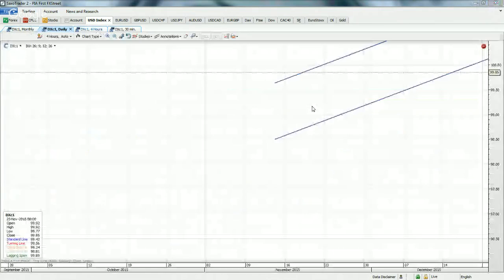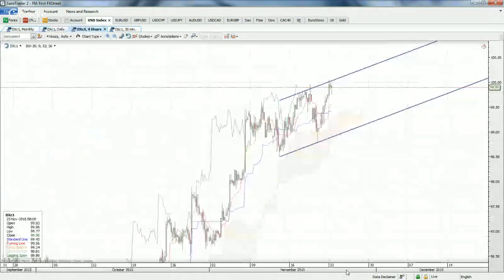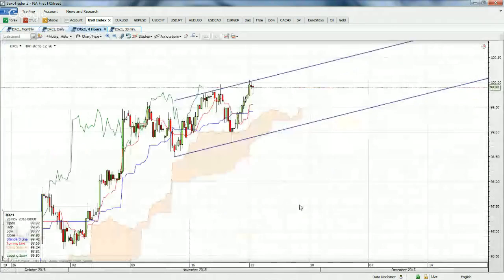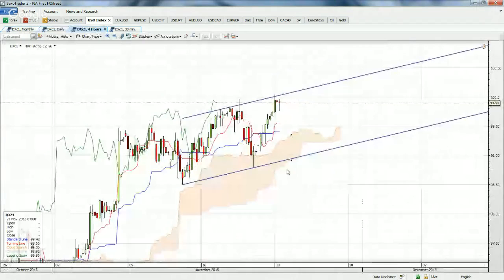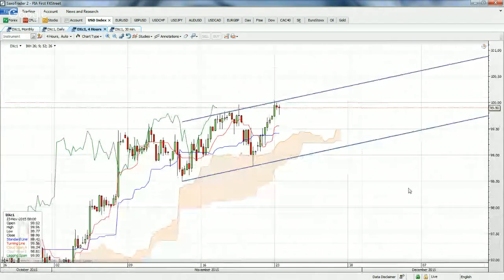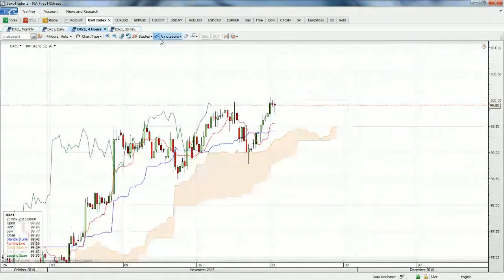On the 4 hour chart, we look like we're just holding into the top of this channel formation. Now we could say it's a channel formation. It's far too early to call it any sort of head and shoulders. Obviously the head and shoulders would have to break this level here, which is 99 the figure, and then push lower.